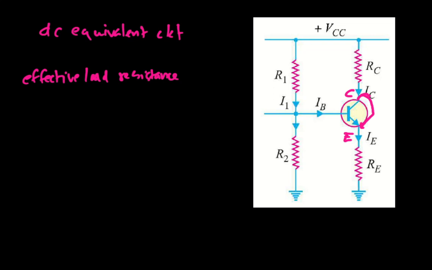Effective load resistance means the resistance that appears across the collector emitter terminals of this transistor. So to get the effective resistance, we will replace the circuit by its Thevenin equivalent, and we will calculate the Thevenin equivalent resistance of the circuit across the collector and emitter terminals.